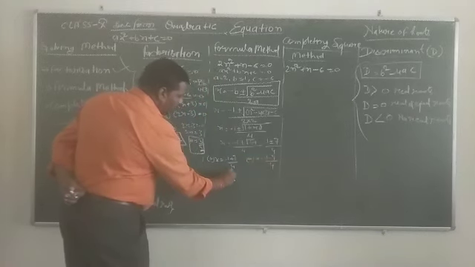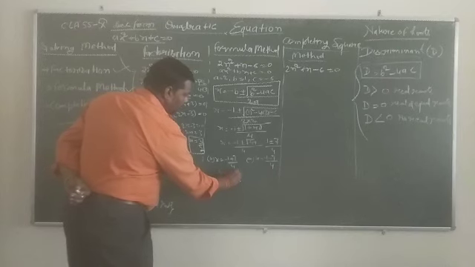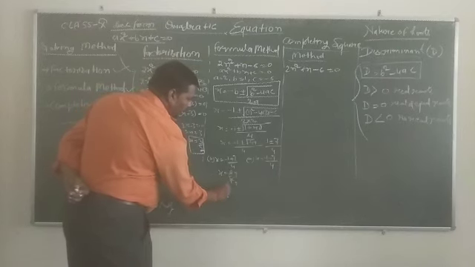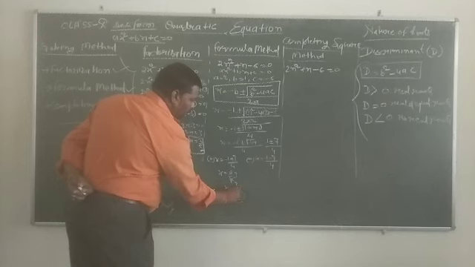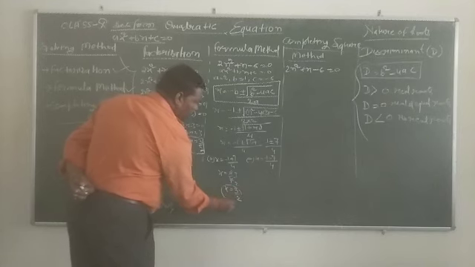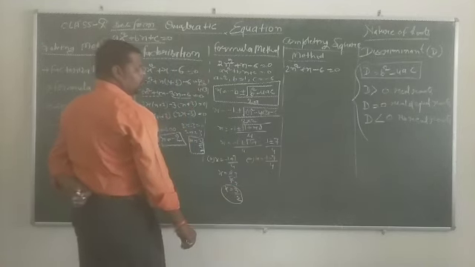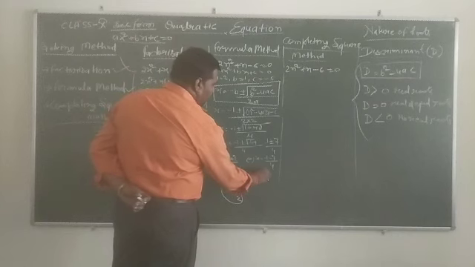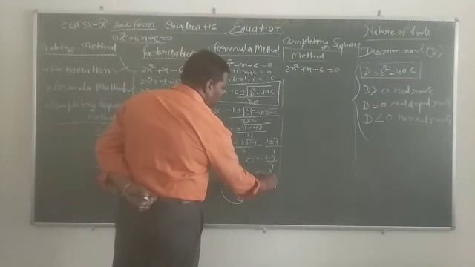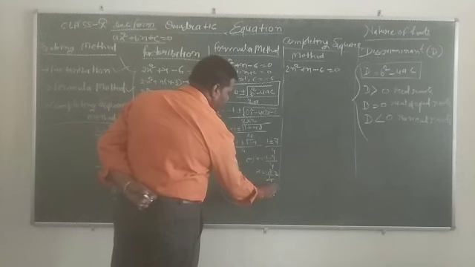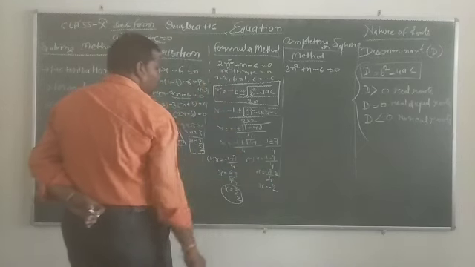X equals 6 upon 4. 3 jump, 2 jump, then the x value is 3 by 2. That is the first value. And the second value, x equals to minus 8 by 4. 4 1 ja, 4 2 ja. Then the value of x is minus 2.